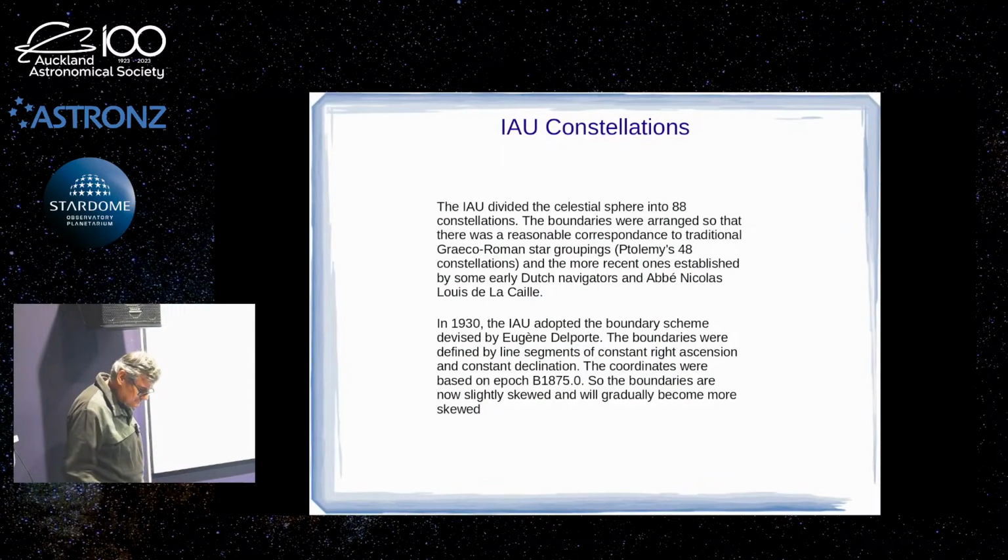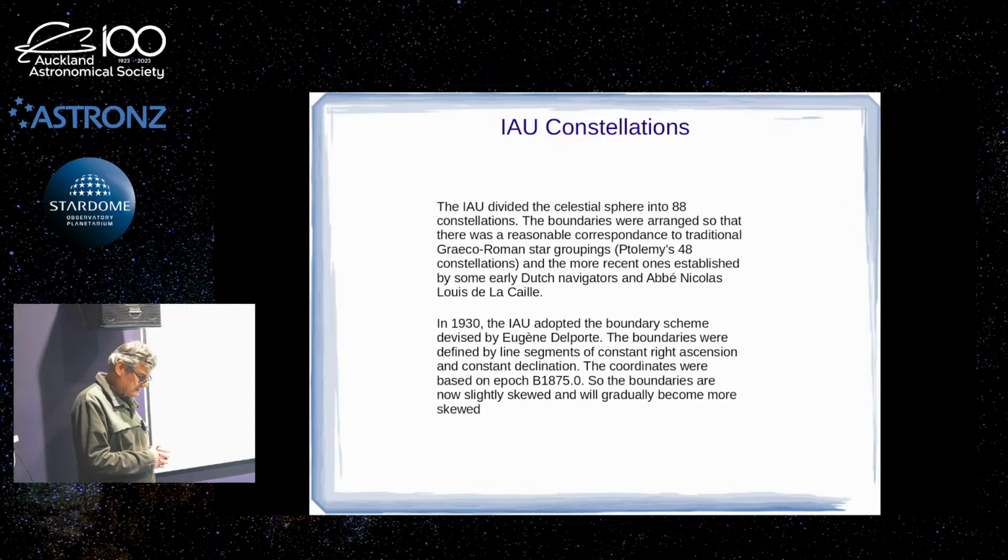So when the IAU was established, it's the International Astronomical Union, effectively an organisation of all the professional astronomers in the world, they came up with a scheme where we divide the sky into 88 constellations, and they tried to keep with the Greek and Roman traditional ones.